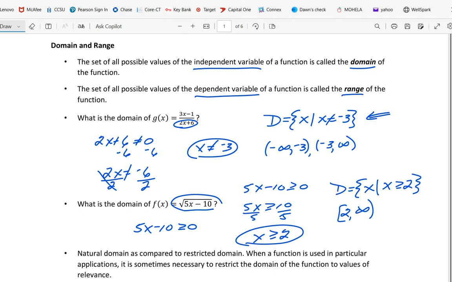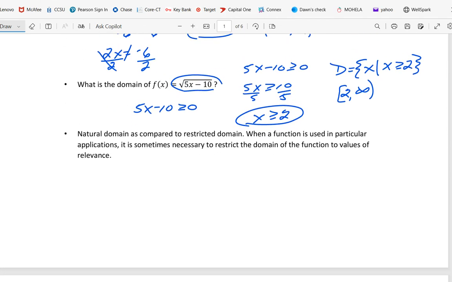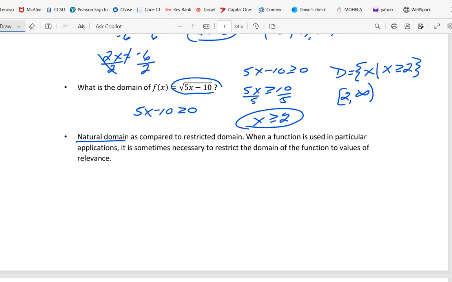Okay? When we talk about domain, we talk about the difference between a natural domain versus a restricted domain. In the case of a natural domain, we're talking about an equation that works for all values of x. In one of my teaching jobs, I have a project where I have kids collect values for homes, the square footage and the price of the home.